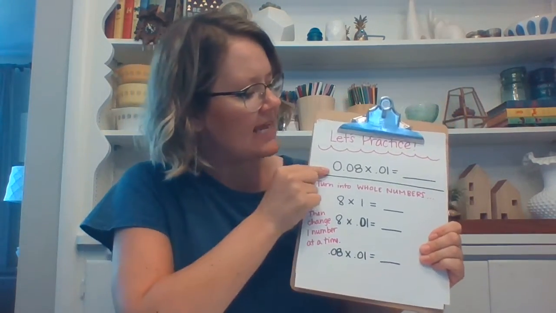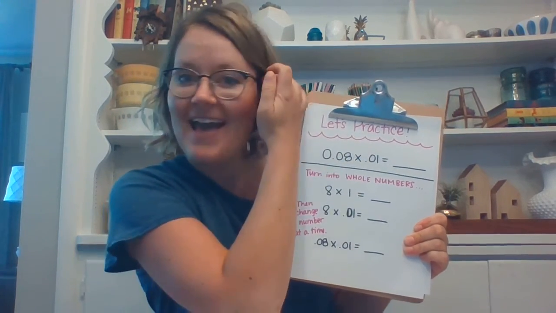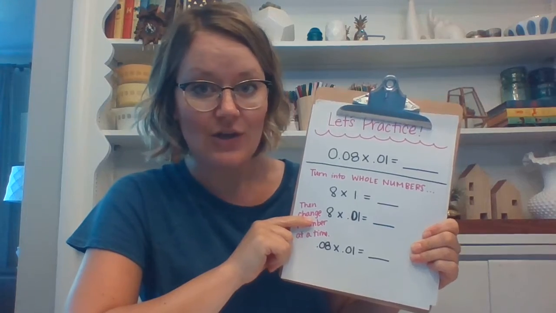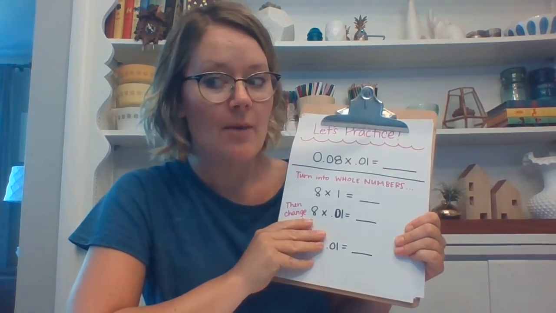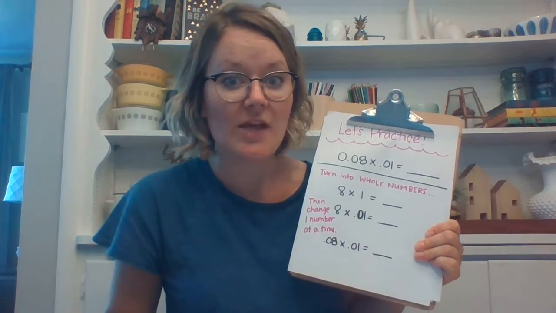Now we're going to practice one of the problems from the page. I pulled an example off of the workbook page, and it is 8/100 times 1/100. Okay, and when you first look at this, it can look a little bit daunting, but if we apply our generalization about multiplication to this, we can solve it.